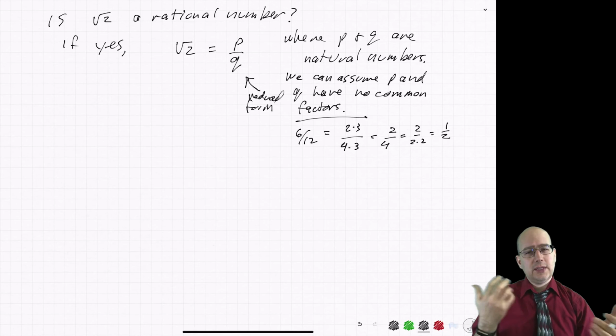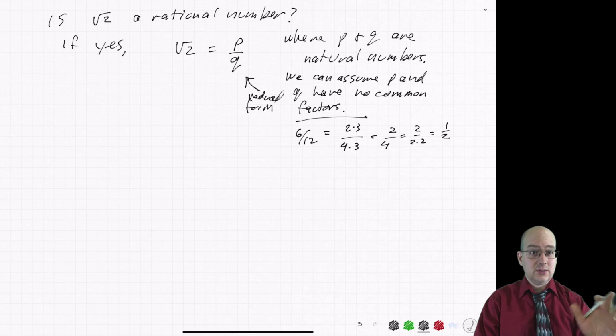You know what to do. You factor these things into their prime factorization. You cancel things. That prime factorization is unique. Again, something that exists, something that one needs to argue. That's all. That's math nitpickiness. The core of the thing is square root of 2 equals a reduced fraction p over q.